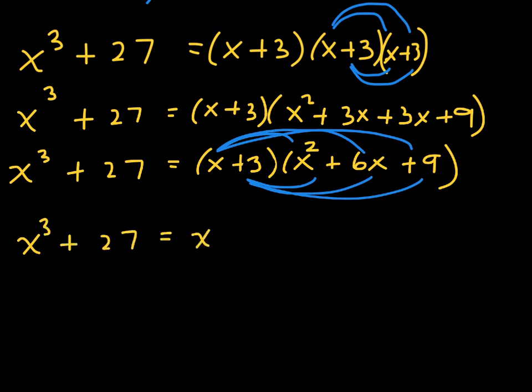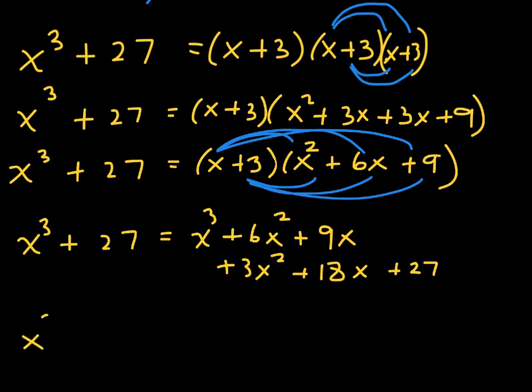Distributing an x gives you x cubed plus 6x squared plus 9x. Again, my squared here looks pretty sloppy. Hold on. There. Now distributing a 3 gives me 3x squared. I'm going to stack that underneath its like term. 3 times 6x gives me 18x. And then 3 times 9 is 27.